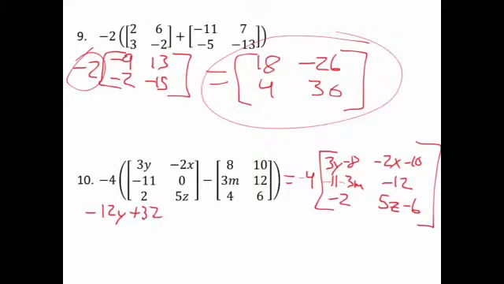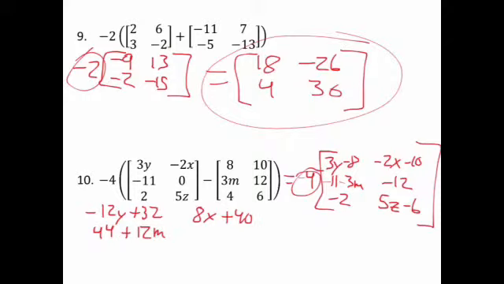So there's my first entry. Second entry, just -4 times that piece there, which is going to be +8x and +40. And then -4 times the next piece there, that's going to give me 44 positive, plus 12m.